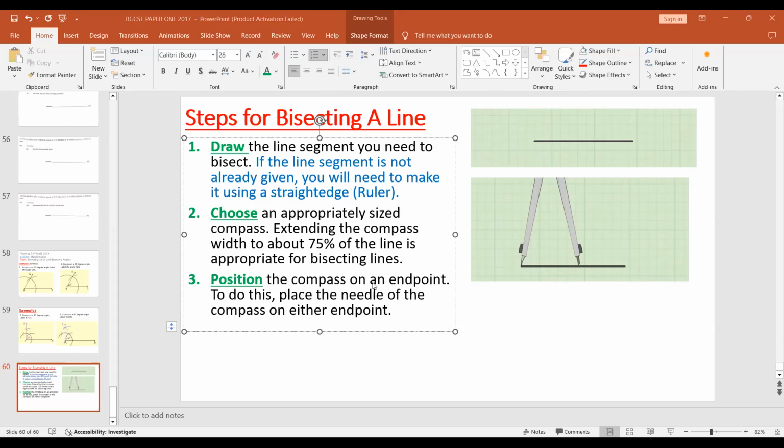So I'm gonna ask Sabria, can you read the third step? Position the compass on the endpoint. To do this, place the needle of the compass on either endpoint. Very good.